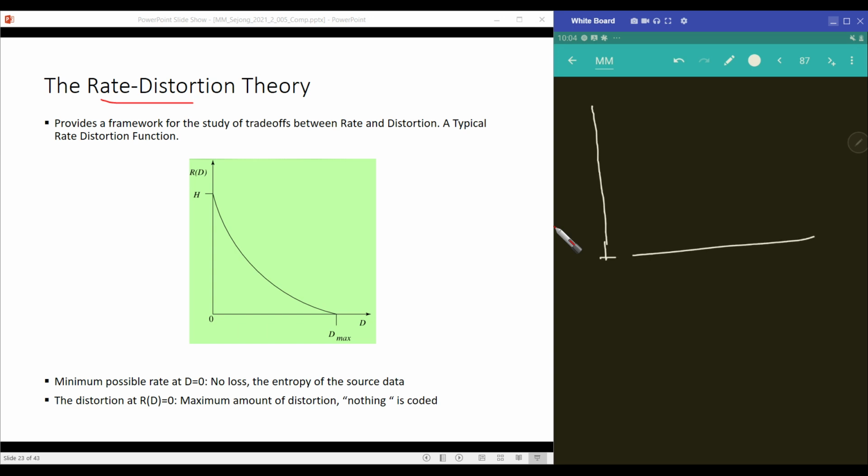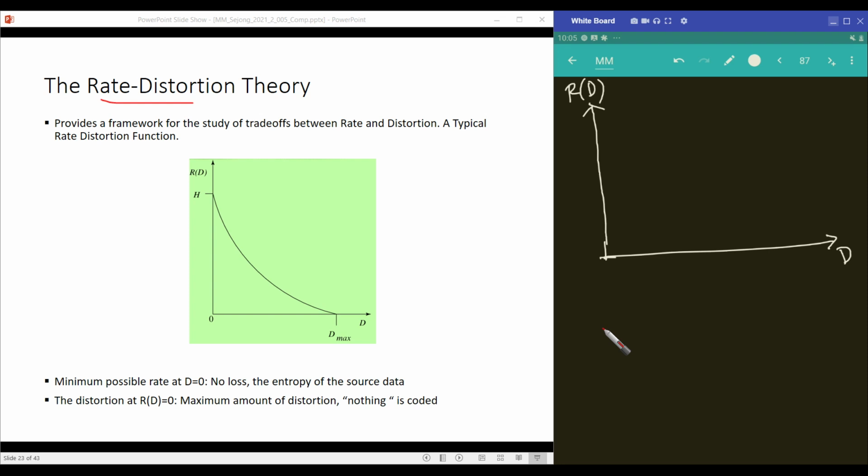It shows the reciprocal relationship between your distortion and your information rate, or data rate. For example, let's say this axis is distortion, and this axis is the data rate or information rate that you achieve when you transmit or receive information from some information source.